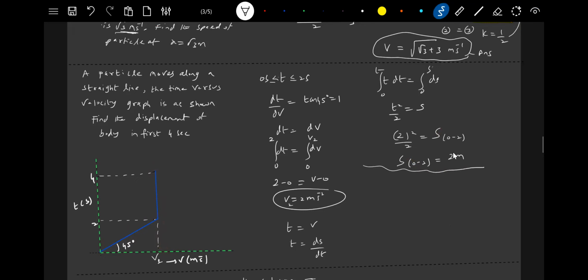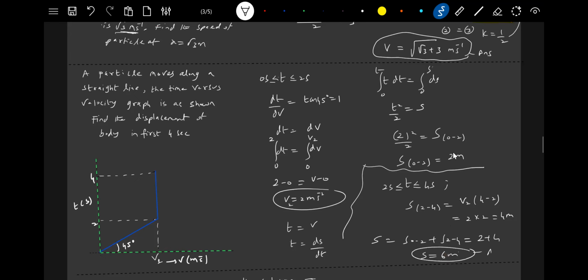So the next part of the problem will be for t less than 4 seconds. So the total distance covered will be, you may encounter, what is the type of graph it is?